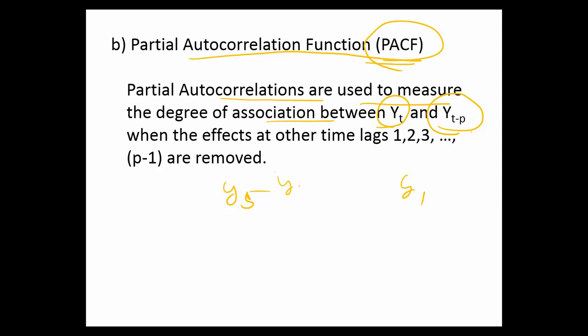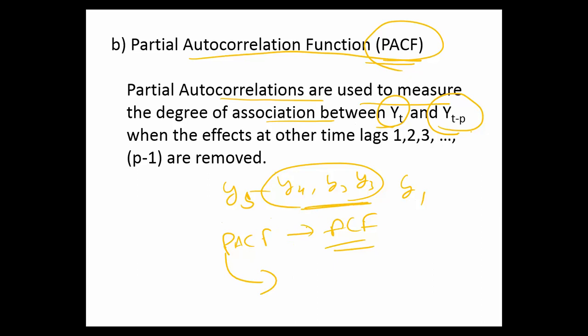I remove y4, y3, y2 and then compute the partial autocorrelation. So PACF is some kind of ACF, just that we remove the intermediate lags. There is no effect of y4, y3 and y2 in this case. We only see the effect of y1 on y5 without taking into consideration y4, y3 and y2.